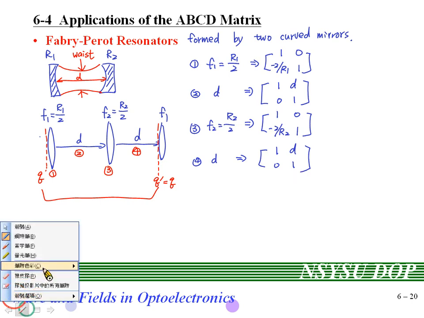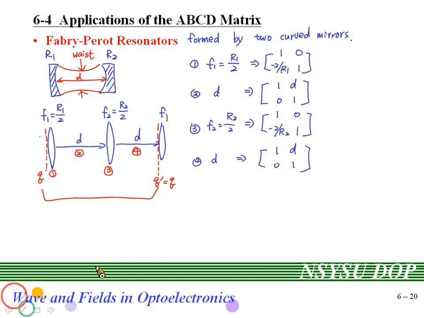Let me say it again. The Fabry-Perot resonator formed by two curved mirrors can be considered like this. Each curved mirror just functions as a thin lens with the corresponding focal distances f1 and f2 respectively. A round trip is just like passing through four subsystems: the first is the thin lens f1, half of r1, the second is the distance d, the third is the thin lens f2, and the fourth is the distance d again.